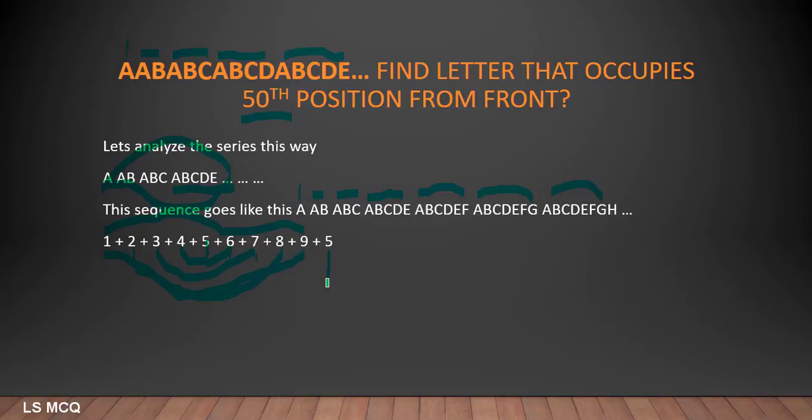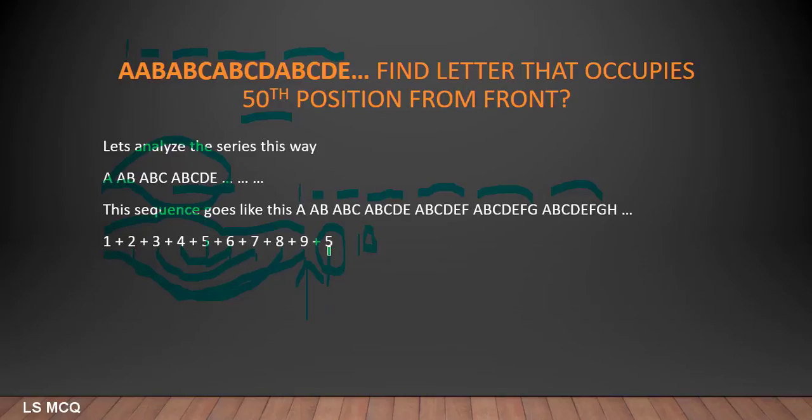The analysis of the whole pattern will tell you that the next sequence will go up to 10 characters, but we really don't care because we are trying to find the 50th term. Up to here it's already 45, so we care about the next 5 terms.